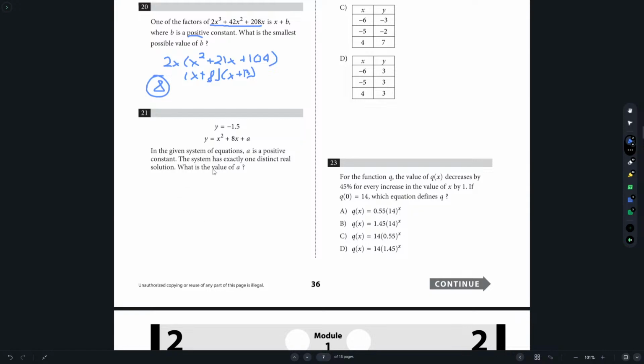Well, we plug in. Negative 1.5 is equal to x squared plus 8x plus a. What is the value of a? Has one distinct real solution.